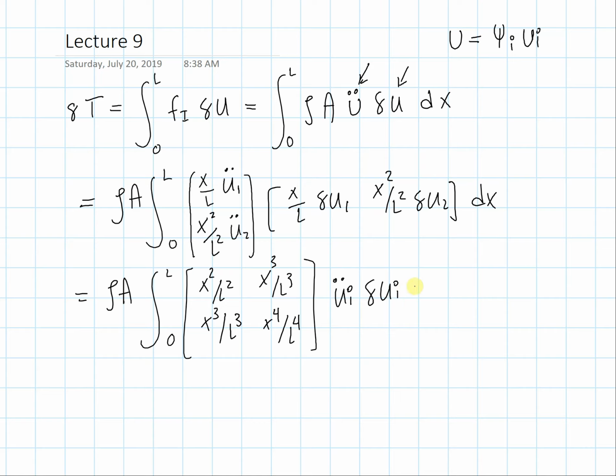And lastly, I have my dx, which culminates my integral. And now we do the mathematics, and we end up with rho A L, 1 over 3, 1 over 4, 1 over 4, and 1 over 5. What you've noticed is that what we're doing here is identifying our mass matrix for the equation of motion. And this is really how we do it for this new method.